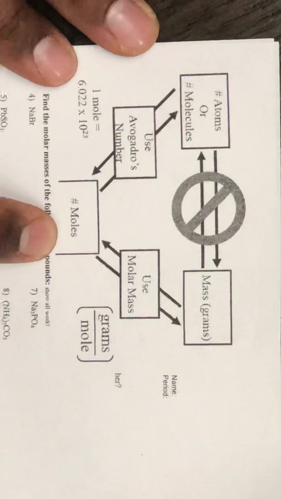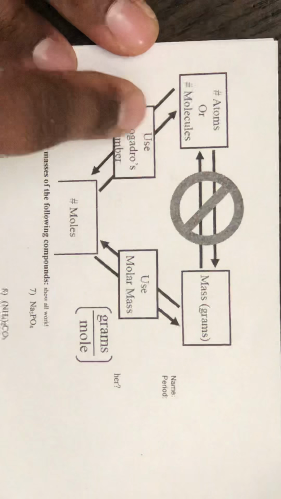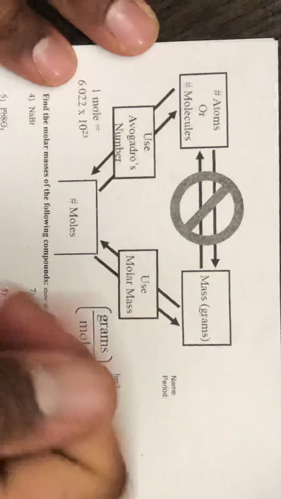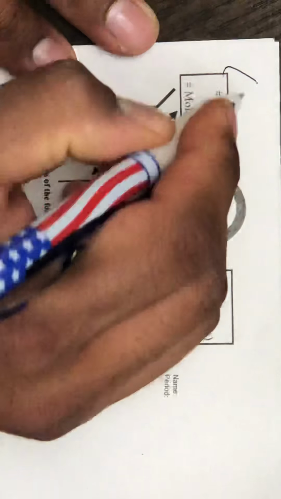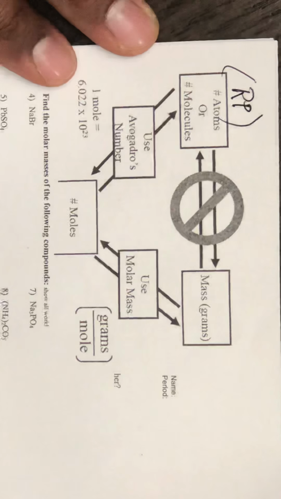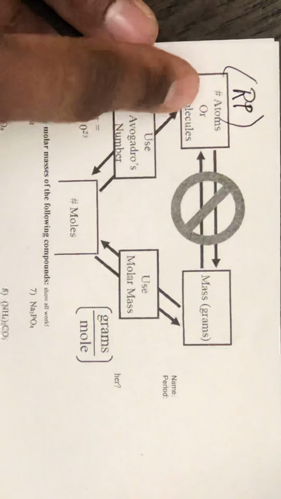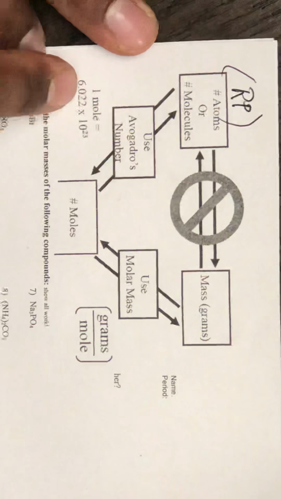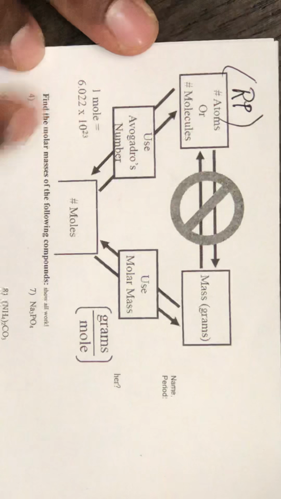If we start off with atoms, you cannot go from atoms to grams without going through moles. So you're going to go from atoms or molecules, particles, so this right here will be RP. Whatever your RP may be: atoms, molecules, FUs, ions, doesn't matter. In order to go from RP to moles, you have to use Avogadro's number. Avogadro's number is right here, okay?